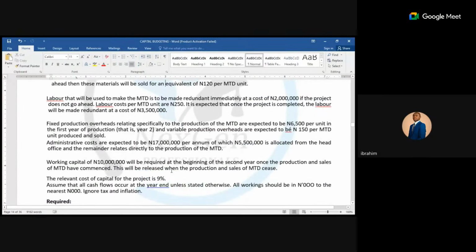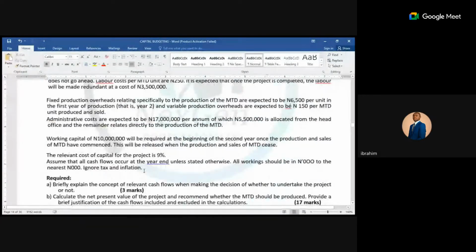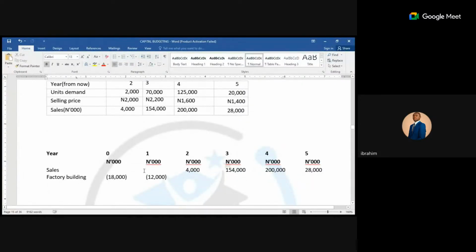What else do we have? So the factory is expected to be sold at the end of the year, at the end of the production and sales. Is that also 250 million, right? In this question, 25 million. 25 million. Thank you.